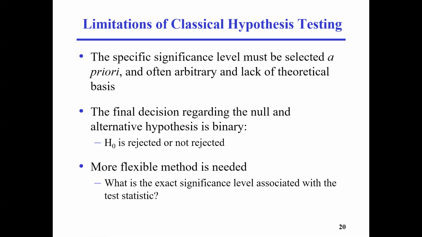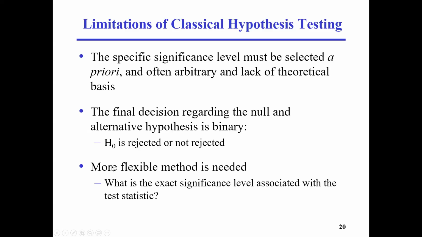Alpha is usually equal to 0.05, 0.10, or even 0.01. These three typical values are commonly used, but it doesn't mean they are perfectly suitable for your specific applications. The final decision regarding the null and alternative hypothesis is binary: H0 is rejected or not rejected.